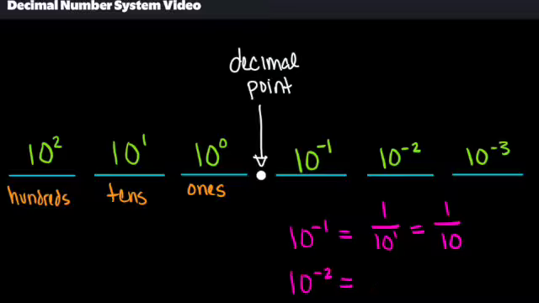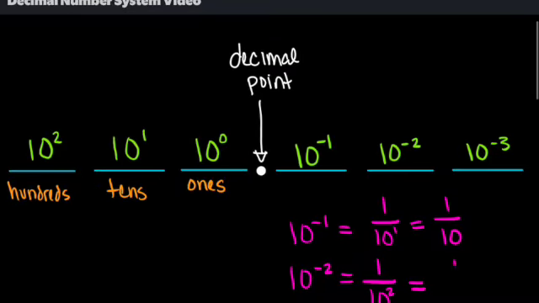It is equivalent to 1 over 10 to the second power, which is 1 over 10 squared, which is 100. Or 10 to the negative 2 power is 1/100th. This is mathematically how we get our decimal number place values.